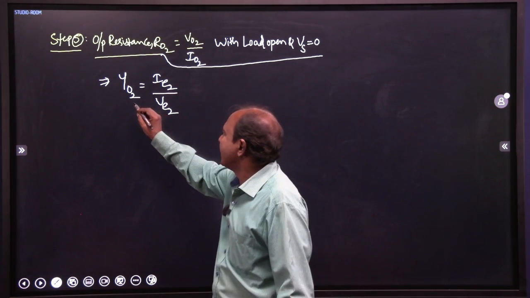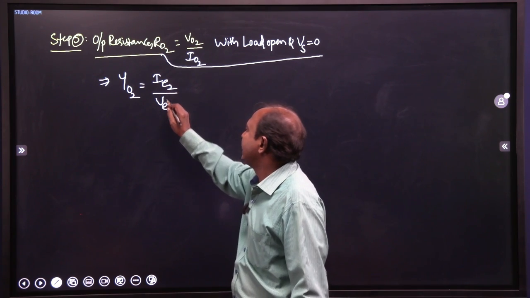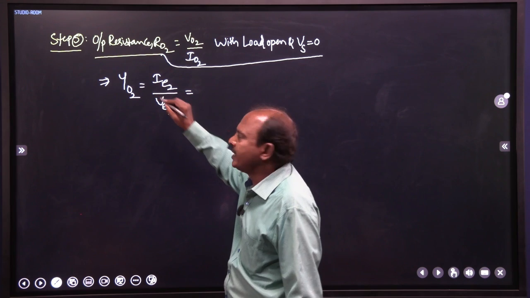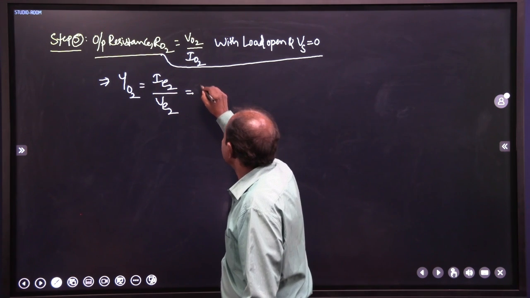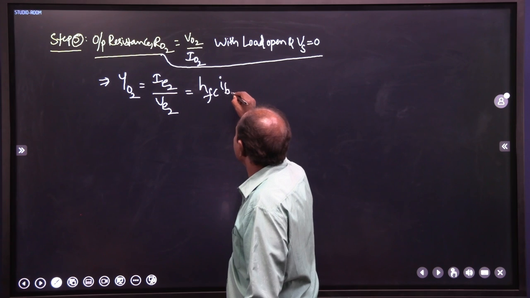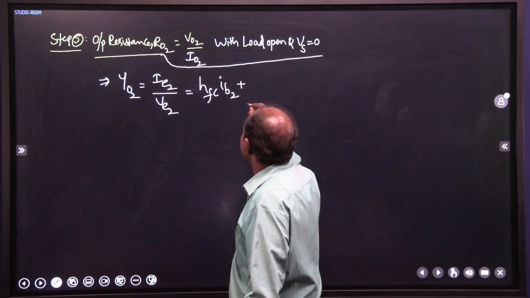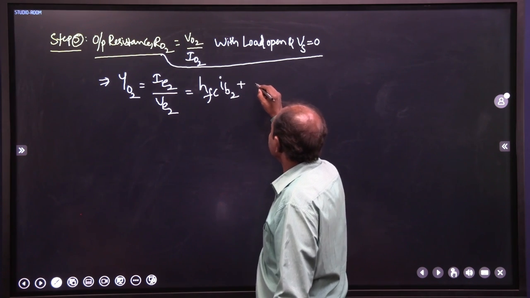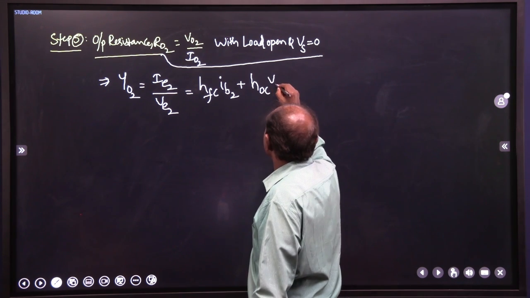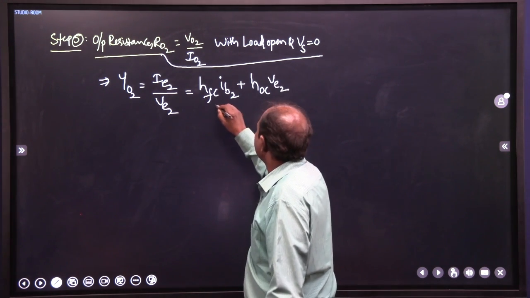So while estimating output admittance, the formula is IE2 by VE2. Of course, we have a formula for IE2 as HFC IB2 plus HOC VE2, divided by VE2.